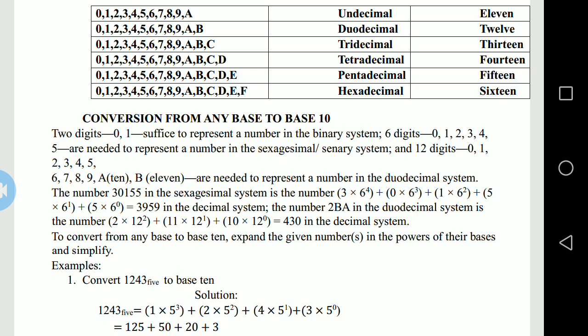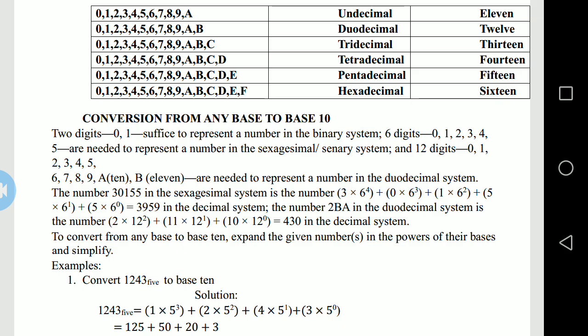So now let's read. 2 digits, 0 and 1, suffice to represent a number in the binary system. So 0 and 1 are numbers in the binary system, and they're in base 2. 6 digits, 0, 1, 2, 3, 4, 5, are needed to represent a number in base 6.